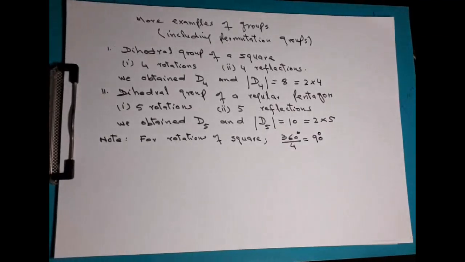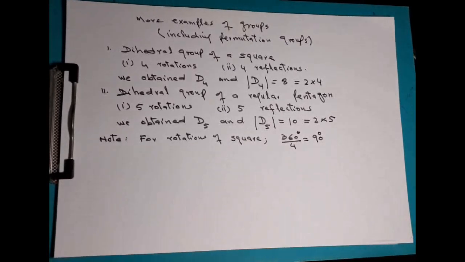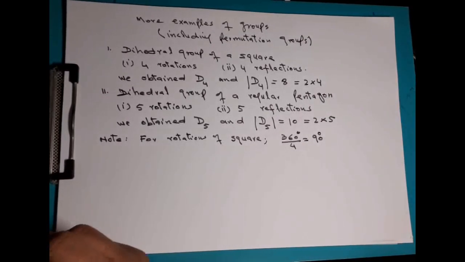Our first rotation was through 0 degrees, that is the square as it is. Then we rotated it through 90 degrees, then again through 90 degrees, then again through 90 degrees. So for rotation of a square we divided 360 degrees by 4 and our angle of rotation was 90 degrees.